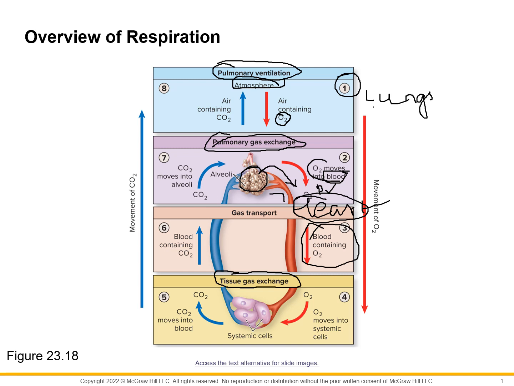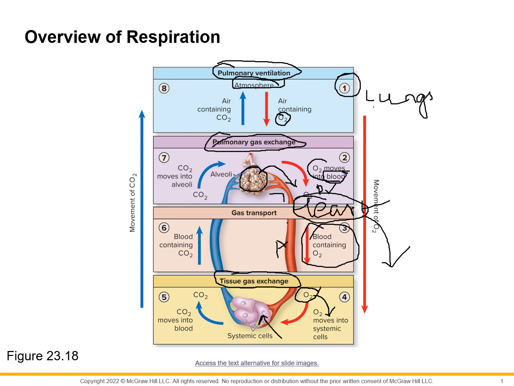Now from the heart outward, this red tube are your arteries. That's your arterial system. So your arteries exiting the heart are going to take this freshly oxygenated blood to all your tissues, which is where oxygen gets unloaded. It hops off the ride and enters your tissue cells.